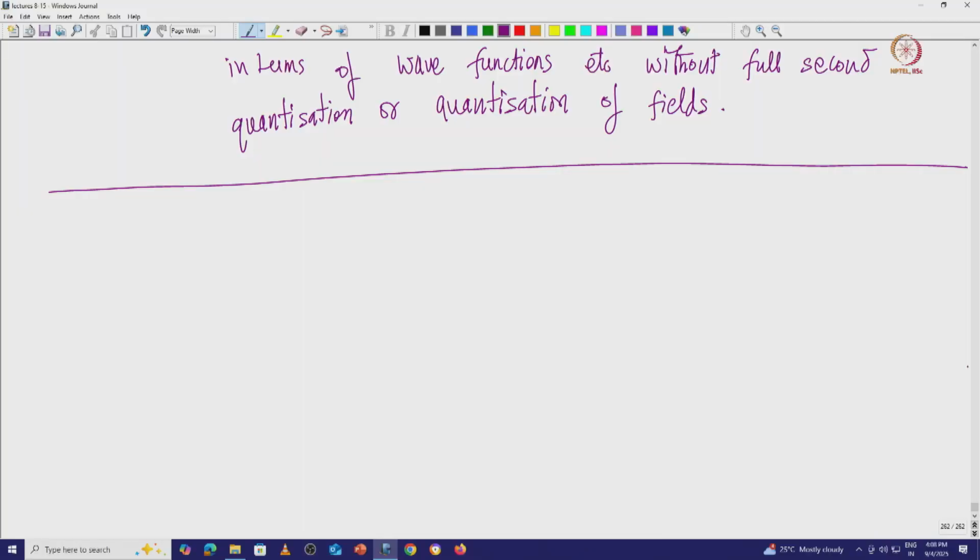So good, we have now reached the point where we have convinced ourselves that we can calculate things using just Feynman rules, forget about everything else essentially.